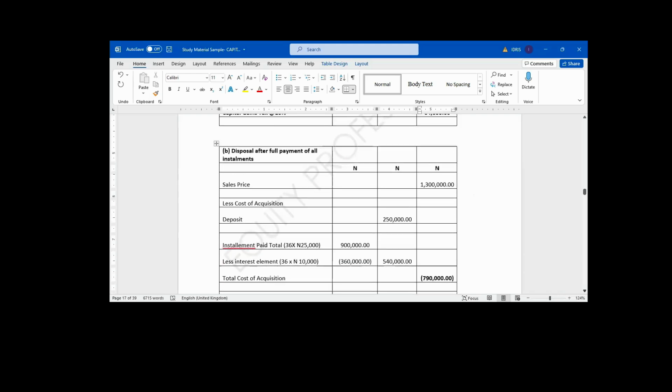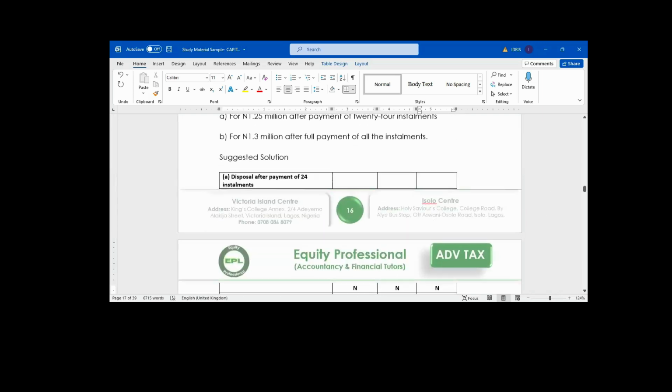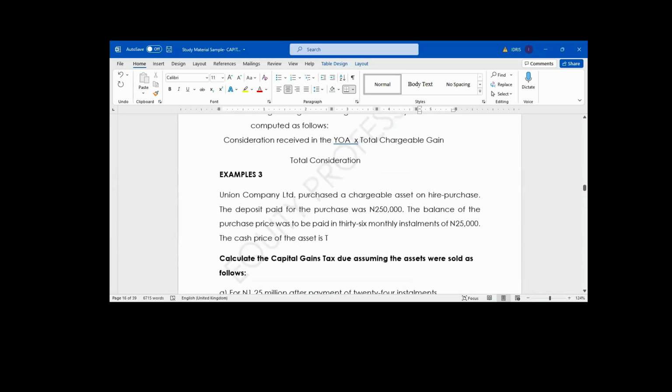Or we can use the sales price, which is 1.3 million, minus the cash price of the asset. How much is the cash price of the asset? 790 is the cash price.